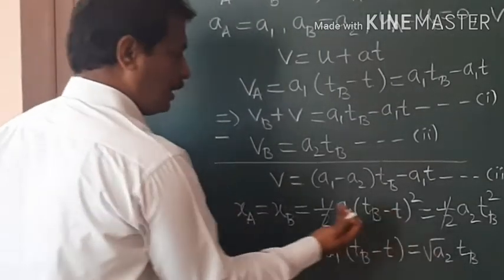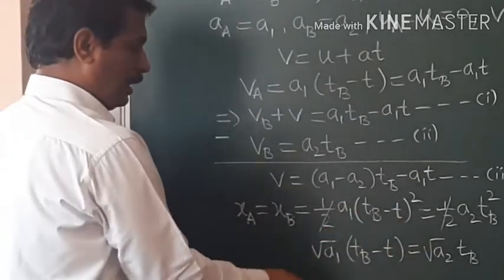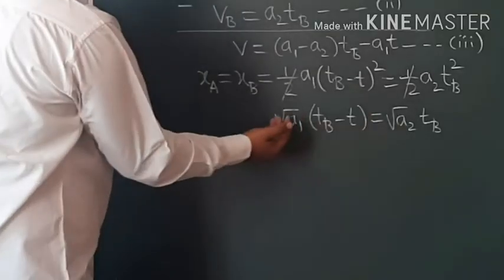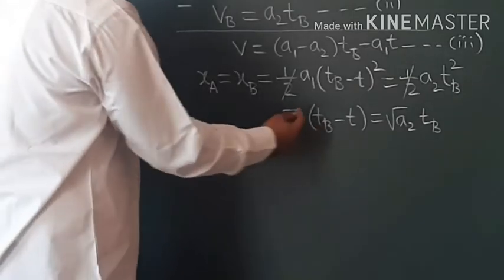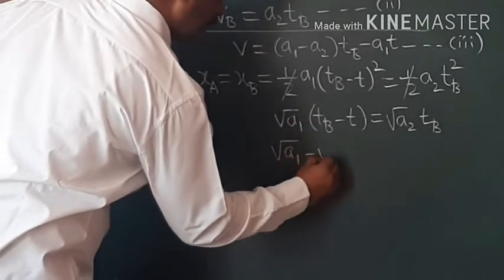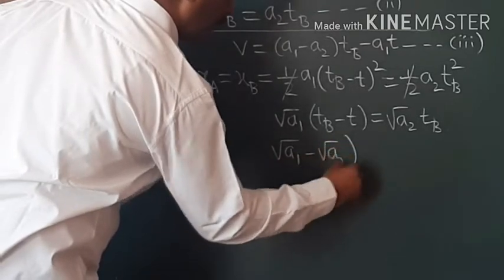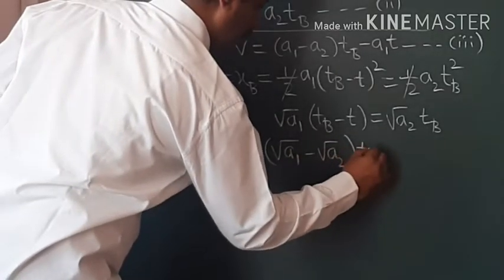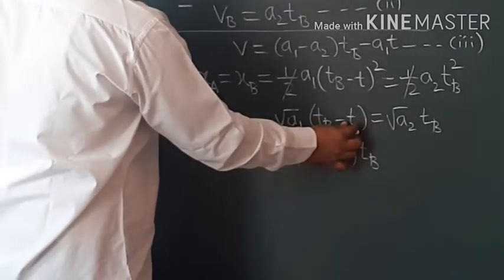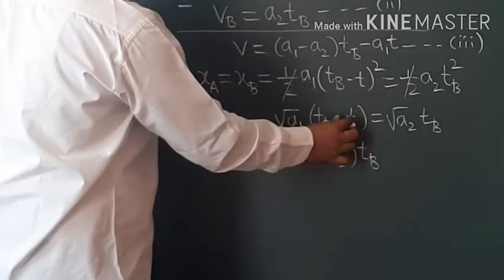Then we will bring the tb terms to one side. So here, square root of a1 tb, if you bring it here, minus square root of a2 tb, so we can write (square root of a1 minus square root of a2) tb. Then what remains here? Square root of a1 t minus square root of a1 t.